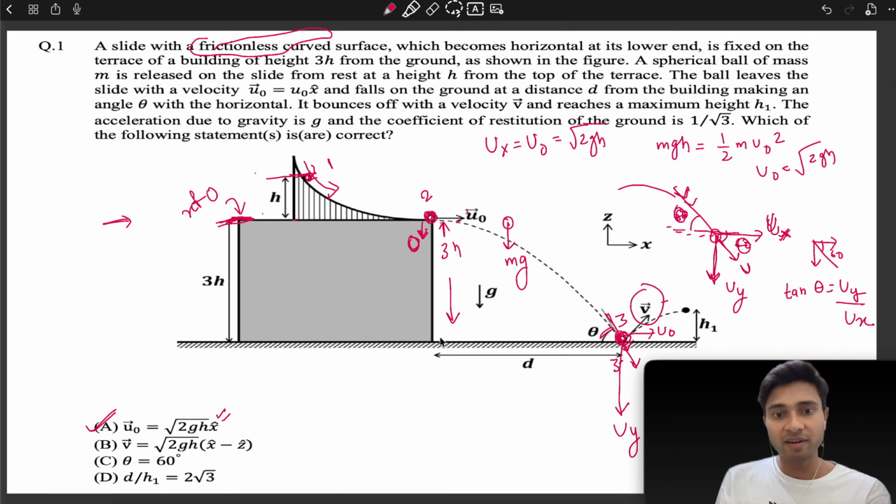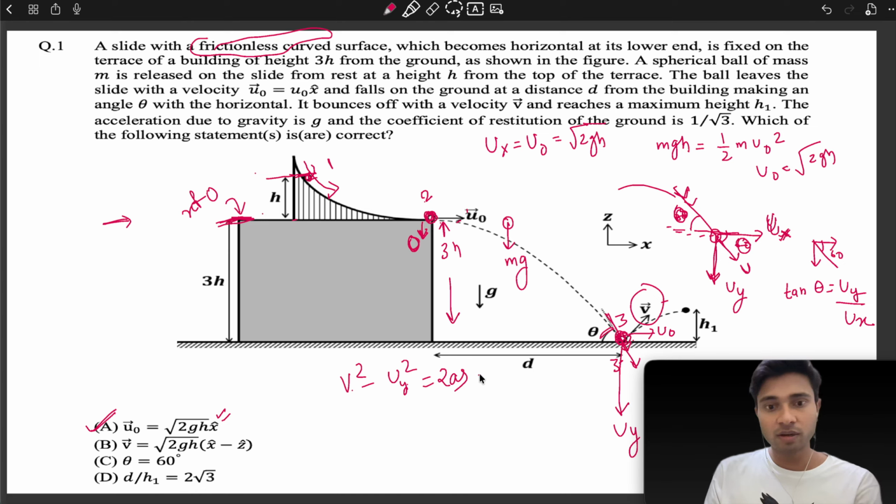So after traveling 3h distance, and acceleration is g, force is mg, so acceleration will be g. If I simply do v square minus u square equal to 2as, why can I do this? Because there is a uniform acceleration, that is g. Let me write it very carefully because students can get confused. I am talking about the vertical motion between point 2 and point 3.